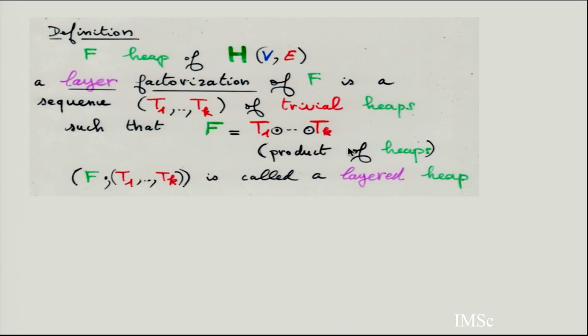So the number of layers is at most the number of elements of the heap. If you take each vertex to be a single layer, then you can decompose your heap into a product of n layers if the heap has n elements. But in general, you see, there are different ways to factorize a heap like this.